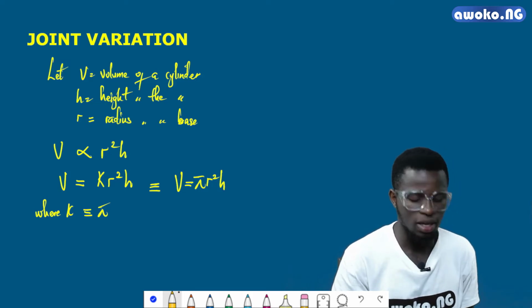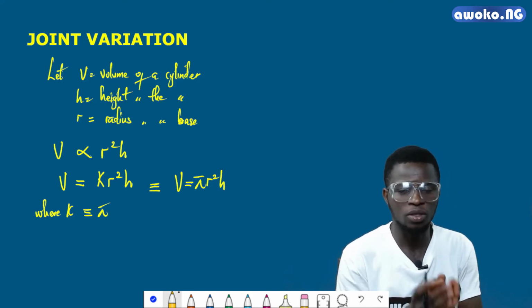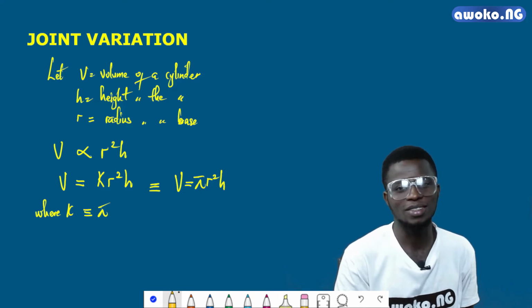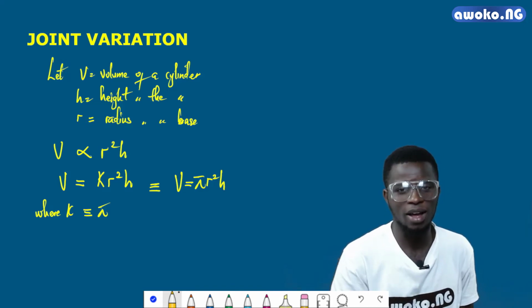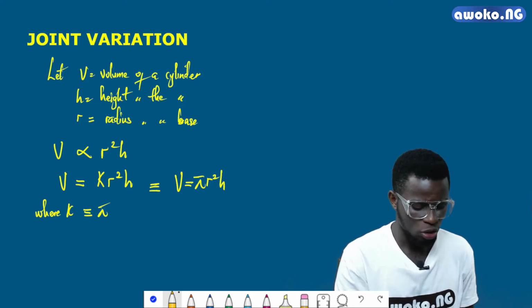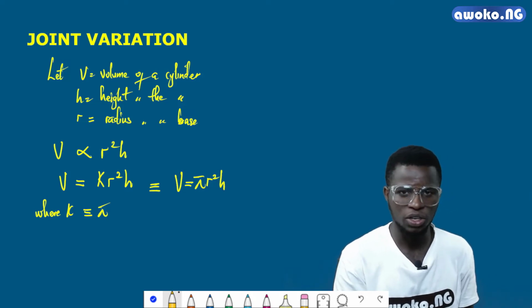Because pi is the property of the substance we are talking about, which is the circular base. So this is just the introduction to what joint variation is.